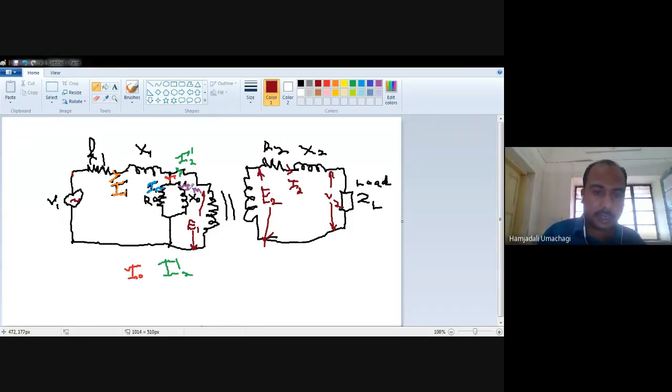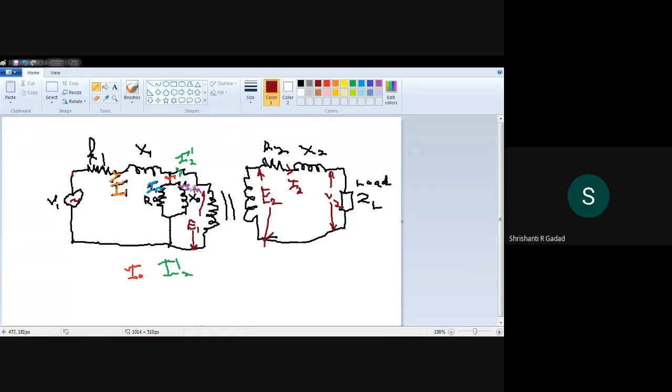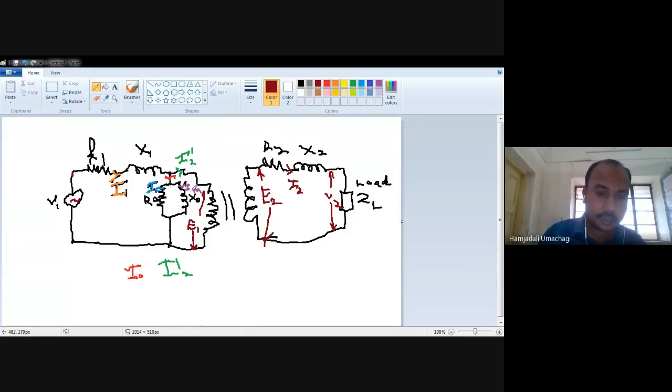Similarly, what is this lavender color IM? IM is the magnetizing current. That is the wattless component, the current flowing through the inductive branch. Right. Now, if you apply KCL here, this is my primary current I1, but this primary current I1 at this node is getting divided into two sections.